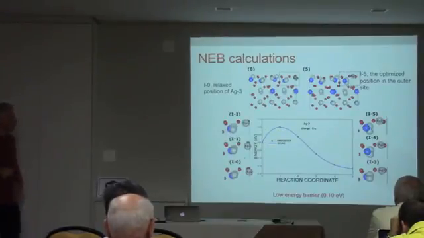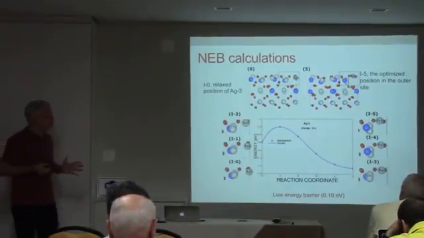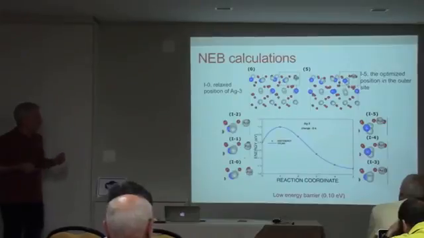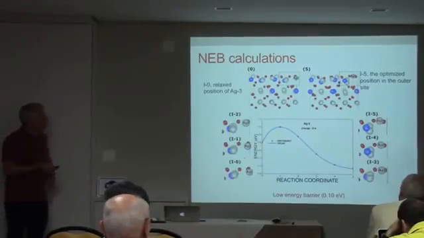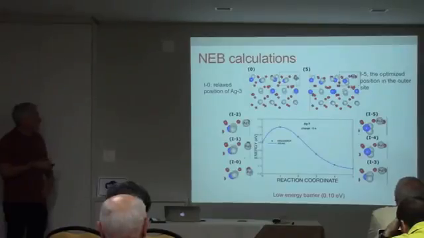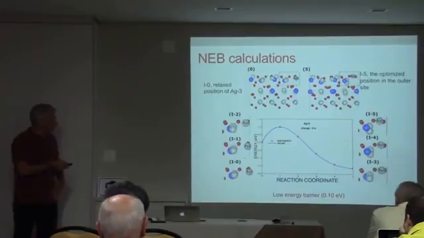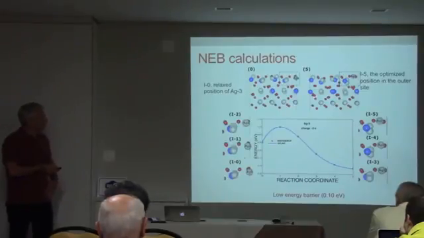Actually, it's around 0.1 electron volt, which is relatively low. I didn't show it for the other silver atom, but the barrier is similar to this.